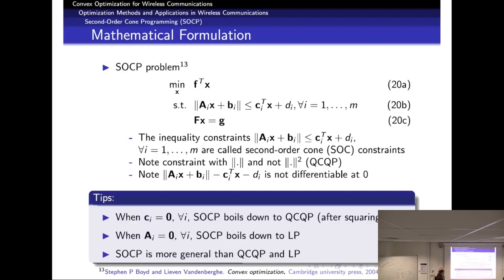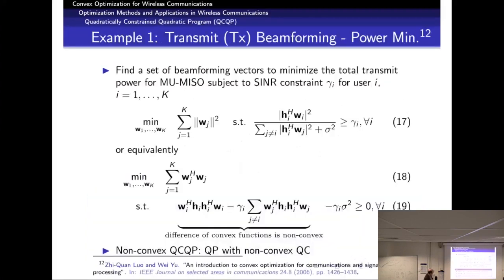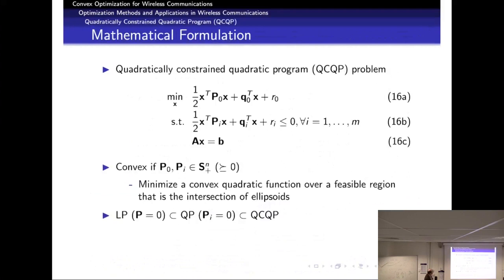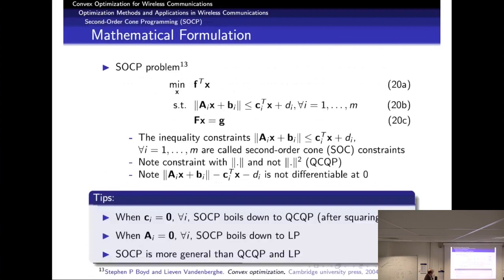One important point is that this quantity is a norm, so this is actually not differentiable. This is quite different from QCQP, where we had something that is typically differentiable. Here we have something that is not necessarily differentiable because the norm is not differentiable.